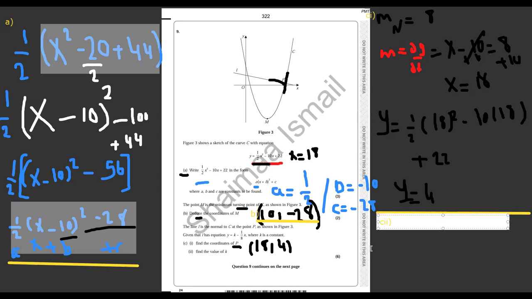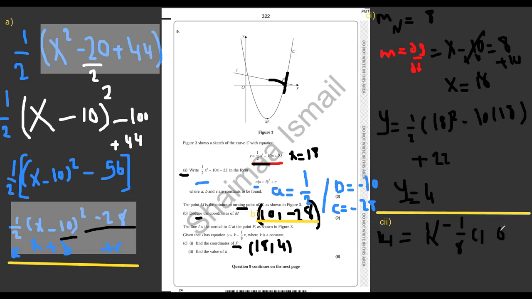The value of K, which we apply directly in the rule that says this y, which is 4, equals K minus 1/8 multiplied by 18.